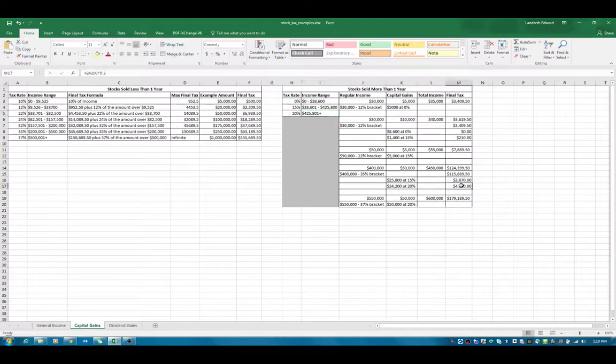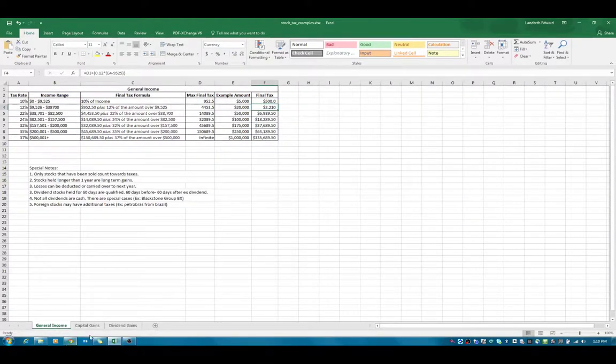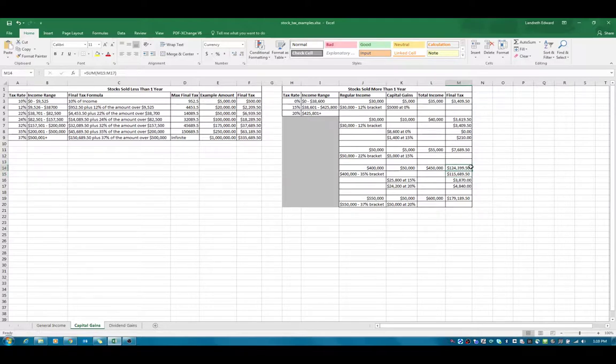Then you would just sum all of these up: the remainder times 20%, your initial capital gain at the 15% bracket, and your normal 400,000 of general income as if you were calculating it on this table. That would give you a total of just about $125,000 in taxes.